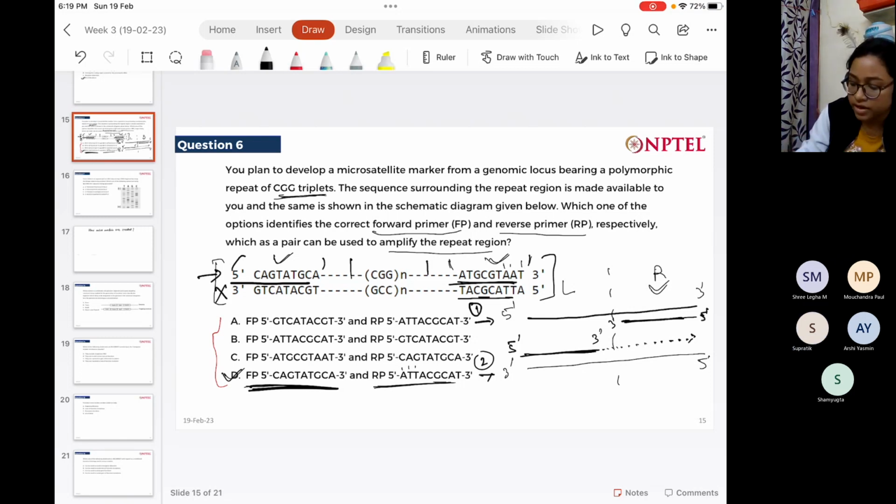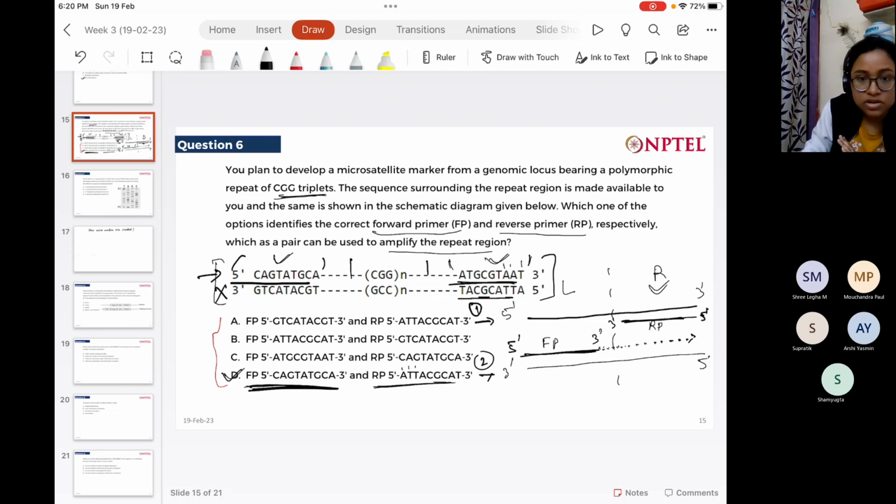Yes, correct. So see, in this image that I have drawn, you can see that this is the forward primer. It is complementary to the second strand of the DNA, and here the nucleotide bases are being added and ligated. That is the polymerization reaction that is happening, and this is the reverse primer.